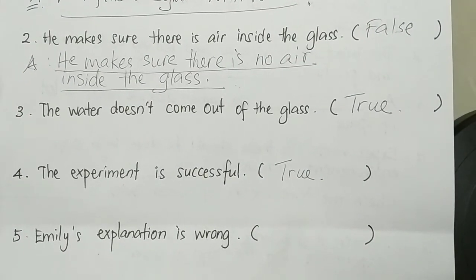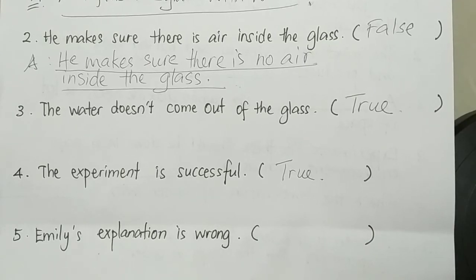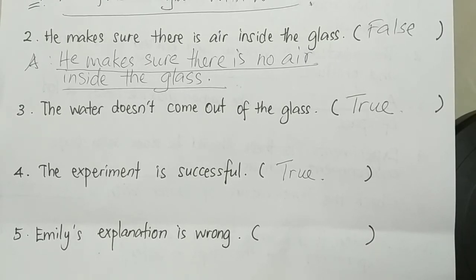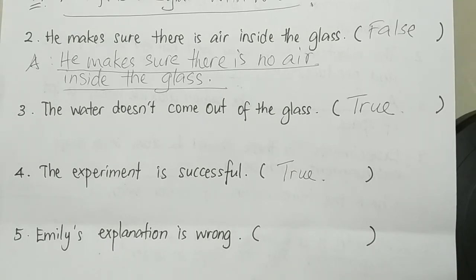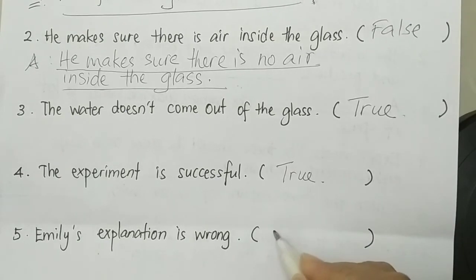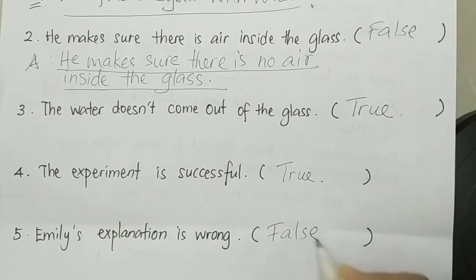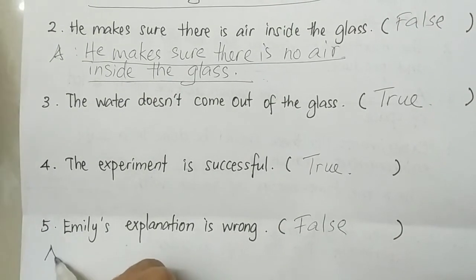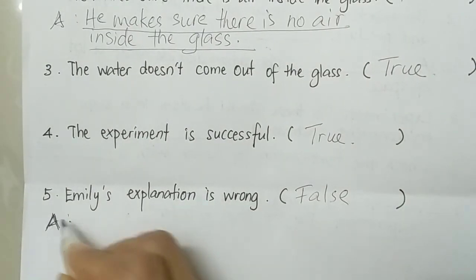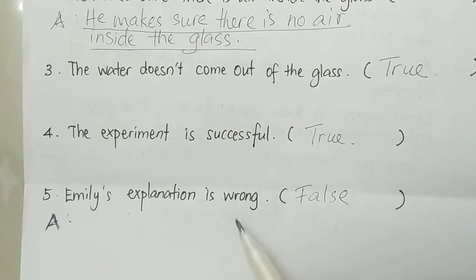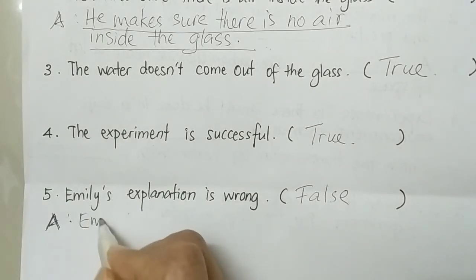And the last question, Emily's explanation is wrong. Well, what do you think? Mr. Marston said, exactly, well done, Emily. So her explanation is definitely correct. And so here we put down false. And the correct answer will be this. Practically, we just copy out the same thing and change one or two words, or add in one or two words.